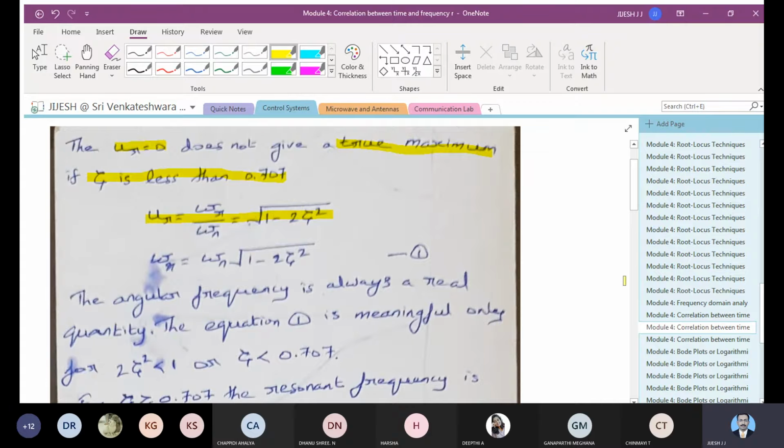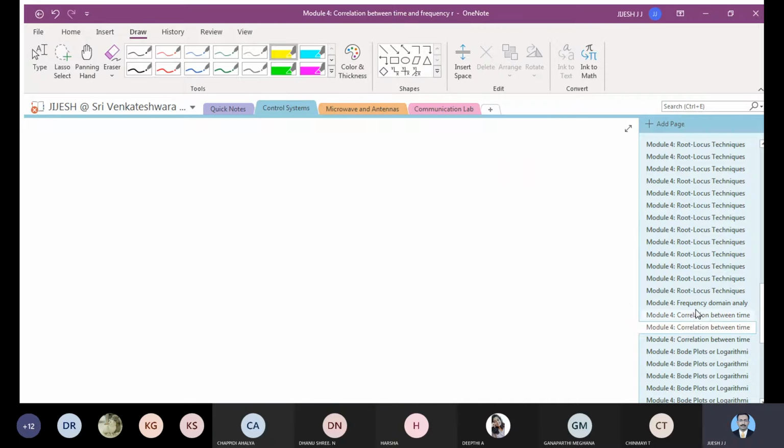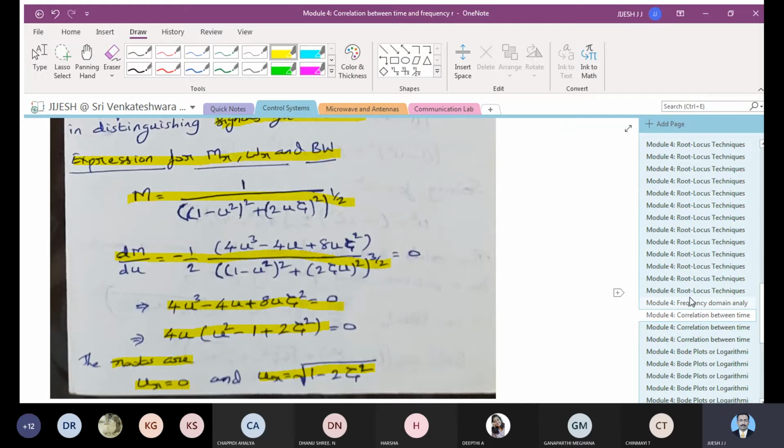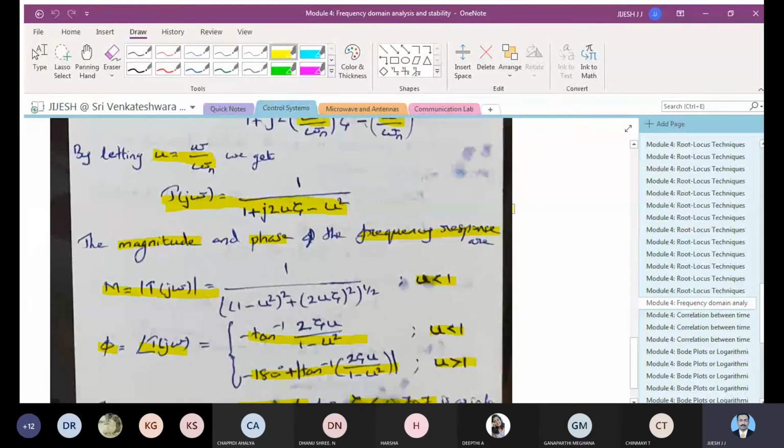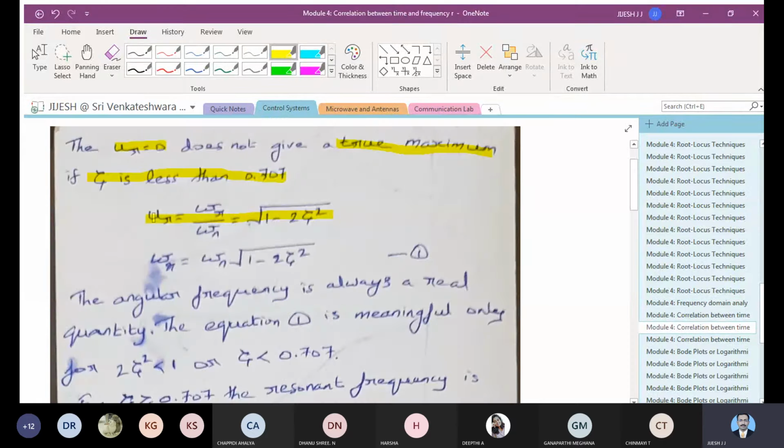So u can be represented as, which we have studied in the previous class, u can be represented as omega divided by omega n. So I can say that ur is equal to omega r divided by omega n, and that is equal to root of 1 minus 2 zeta square.